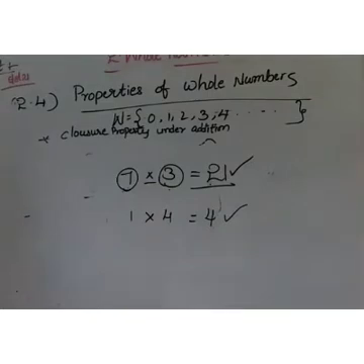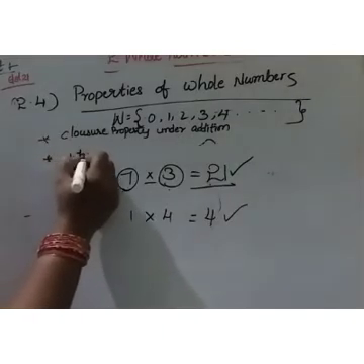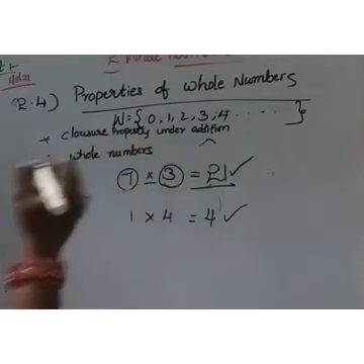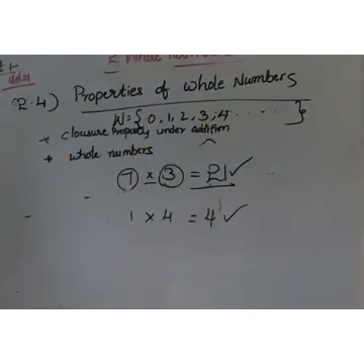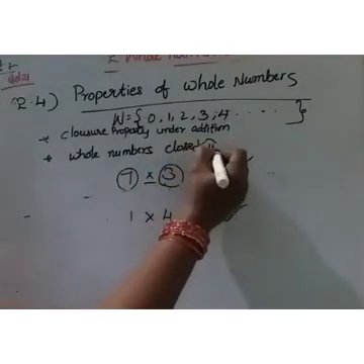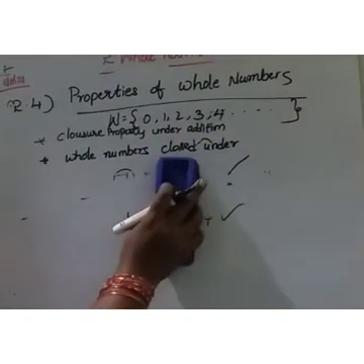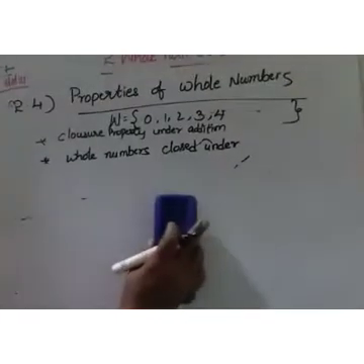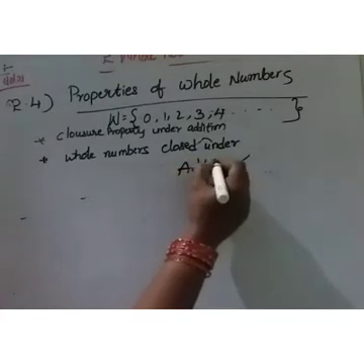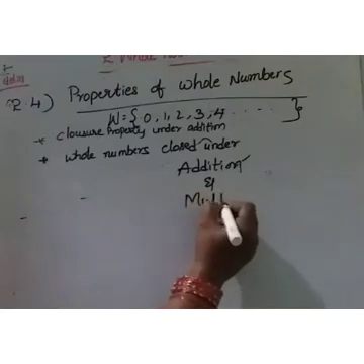So, whole numbers are closed under addition and multiplication.